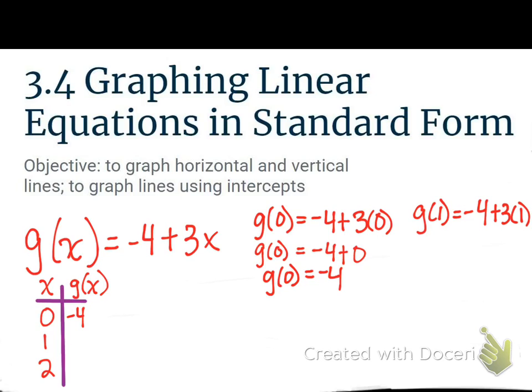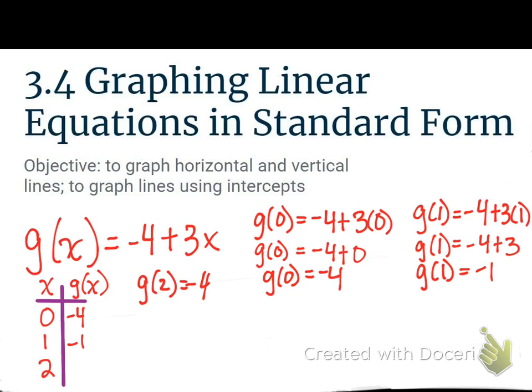What do we get from this? -4 plus 3 is -1. Then what are we doing? Plugging in 2. g of 2 equals -4 plus 3 times 2. 3 times 2 is 6, and -4 plus 6 is 2.